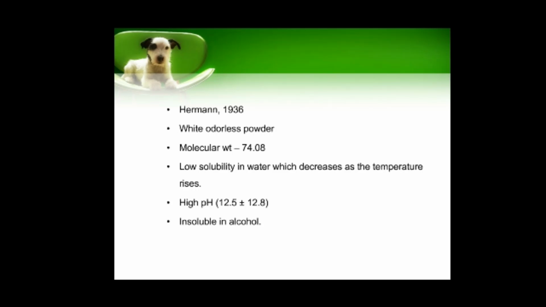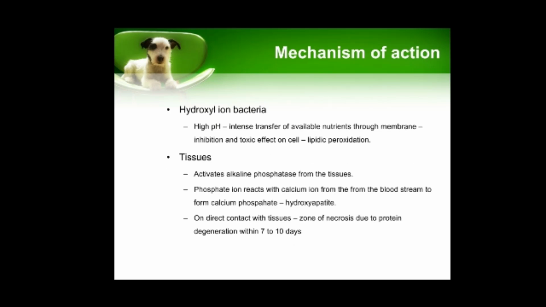It is insoluble in alcohol. Due to its low solubility, it has good clinical characteristics. Because of this, it requires a longer period to dissolve in tissue fluids when calcium hydroxide is placed directly on the tissues.